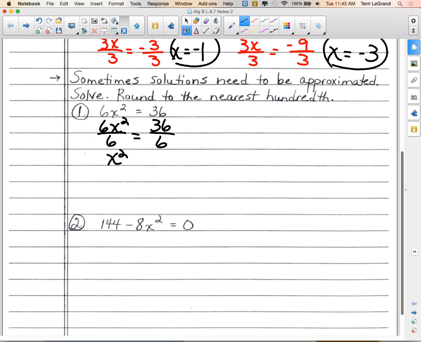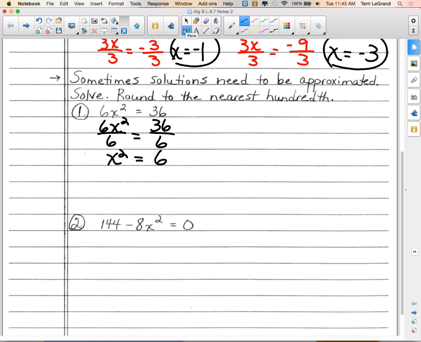You're going to kind of feel like we just ruined it because 36 was a perfect square, and now when we divide it by 6, it becomes 6. Positive or negative 6, or have we done a square root yet? No, we don't need to do that yet. Be careful, we're just getting x squared alone right now. So x squared equals 6.